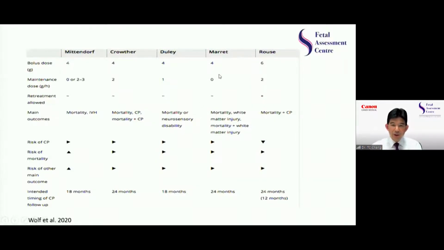It's the same bolus dose, 4 grams, and then your maintenance dose either 1 or 2 grams per hour. All of us obstetricians will be very familiar with this dosing regime.